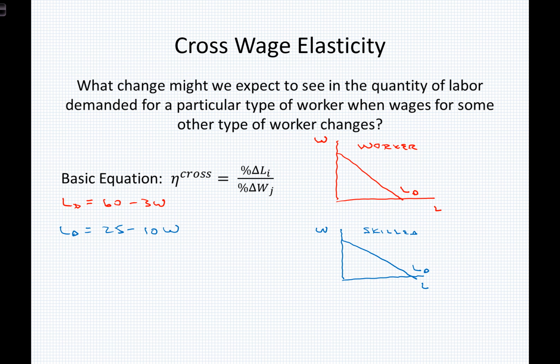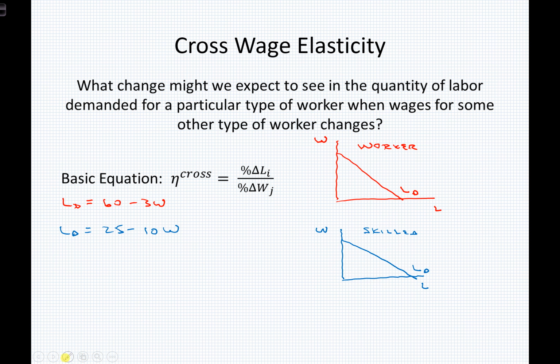Again, this is going to be looking at how the change of wage for one worker, let's say worker J, and let's say that's a skilled worker, affects the number of labor units demanded for worker I, let's say that's just the common worker. So we still have to have our L1 and L2, W1 and W2.